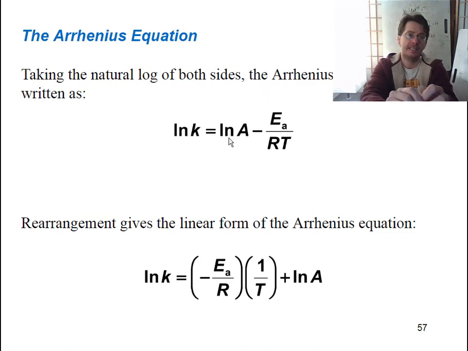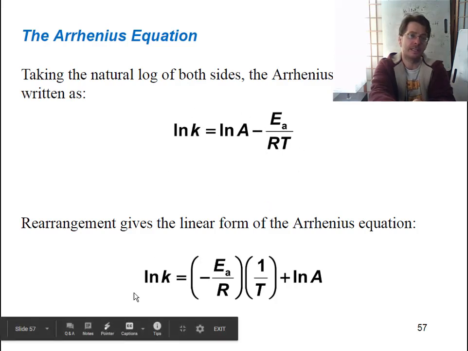So if we take the natural log of both sides and we rearrange it, we get a relationship like this, allowing us to plot the natural log of the rate constant as a function of temperature. And from that, you can determine the activation energy.